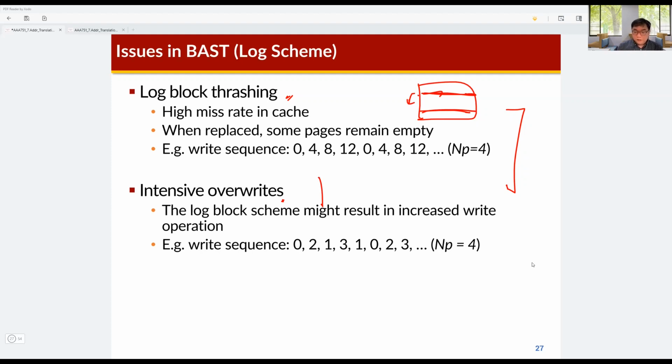So that means the log block has many empty pages, but the log block should be replaced. So that's the problem. So how can we avoid this situation? Actually, every idea is not new. So actually, we learned from the old ideas.